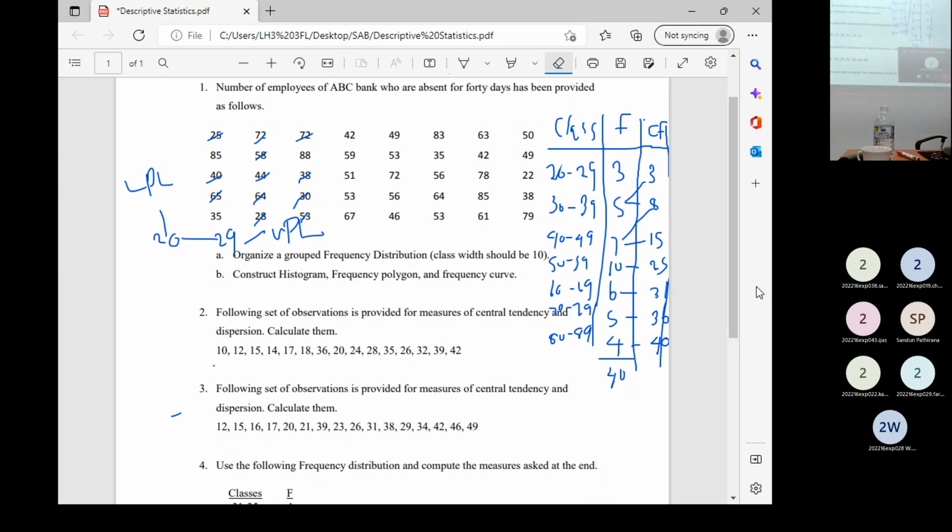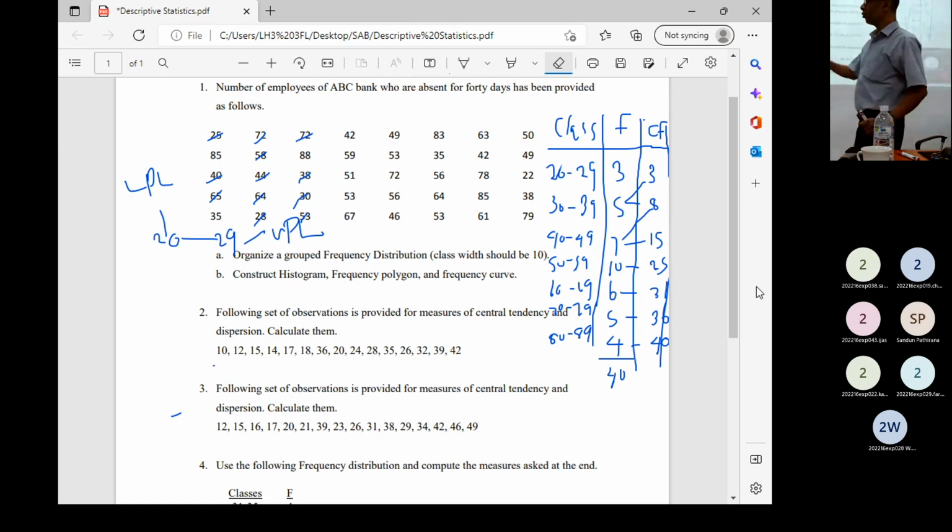They are all the same. Right? That is real limits, theoretical limits.